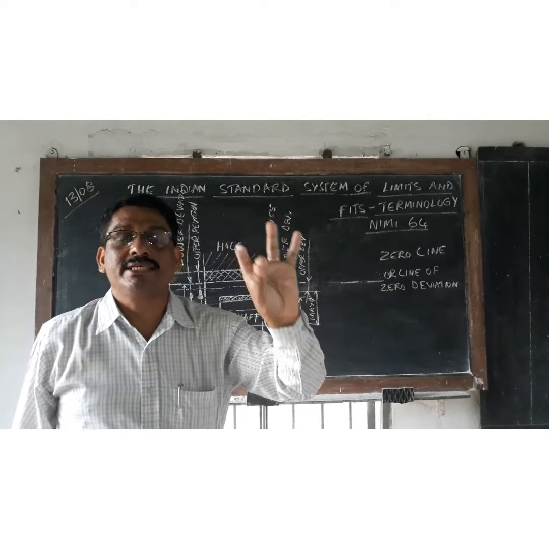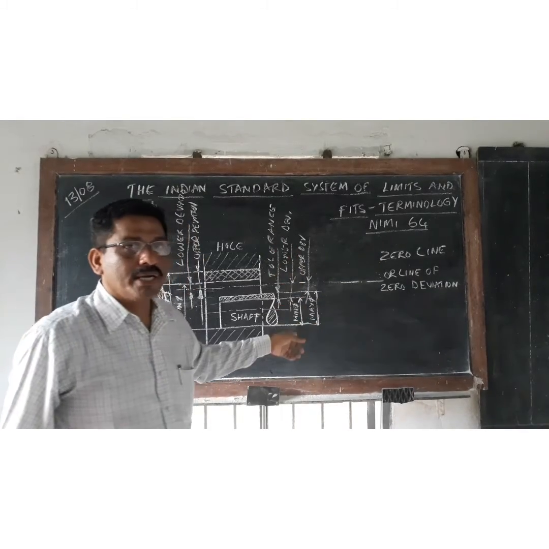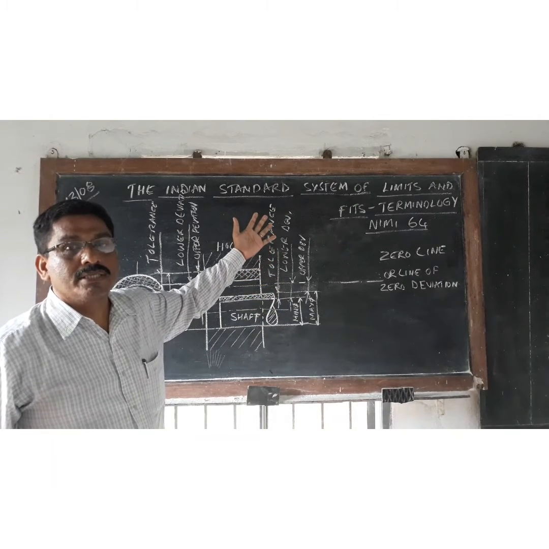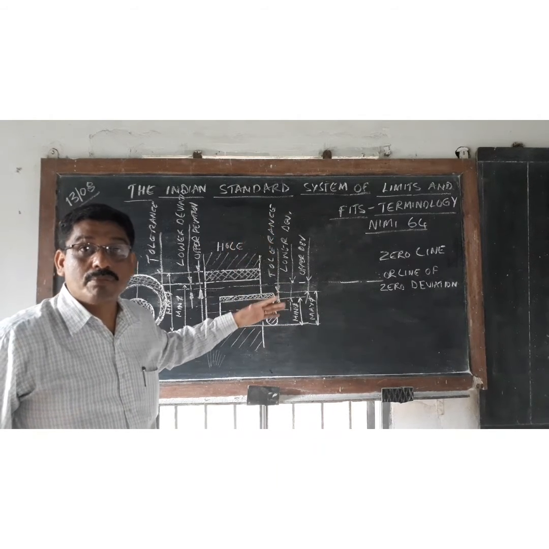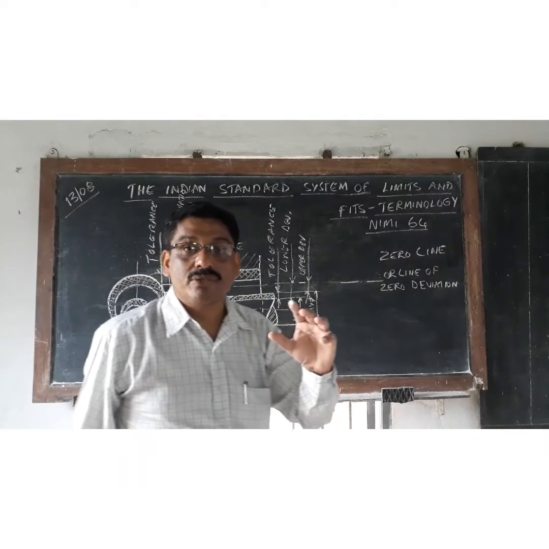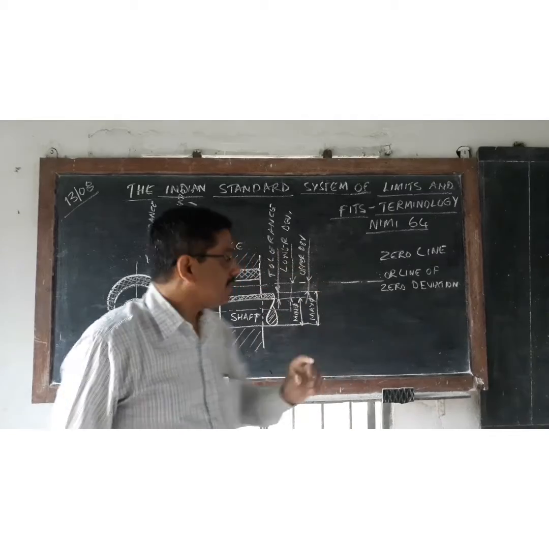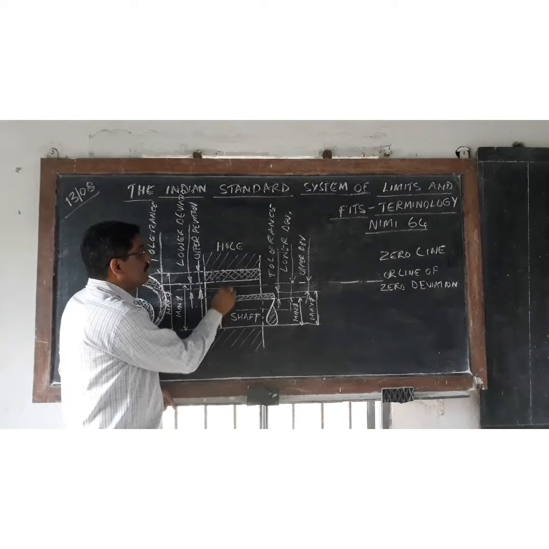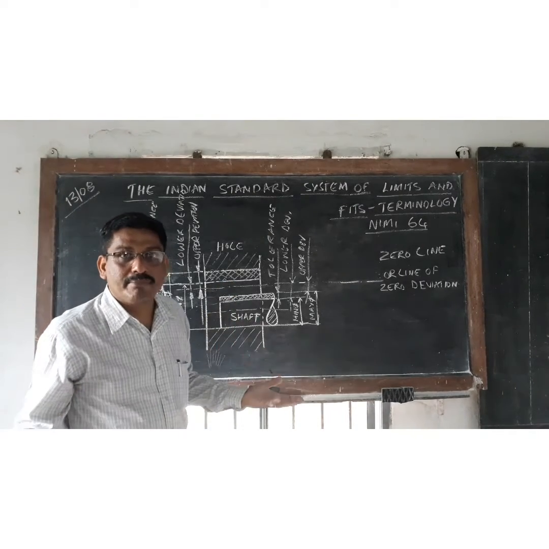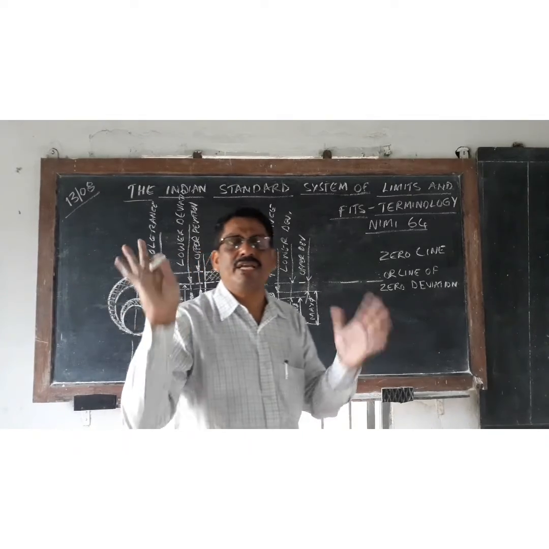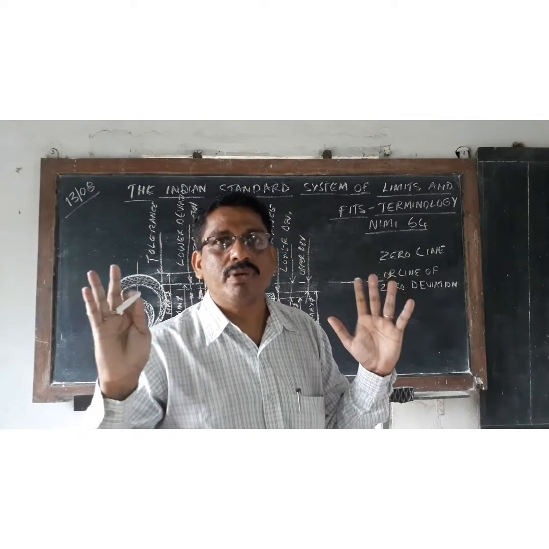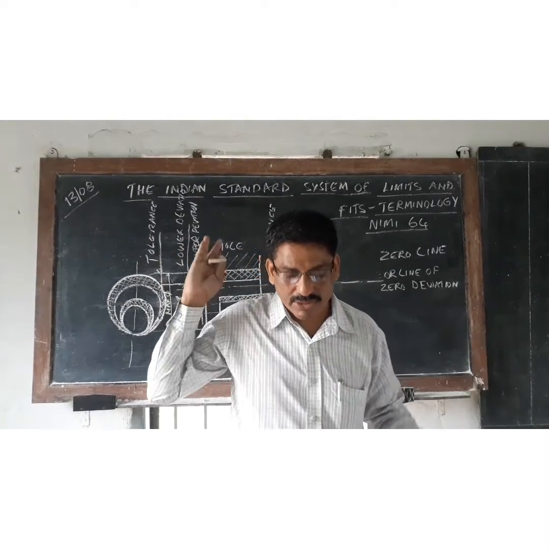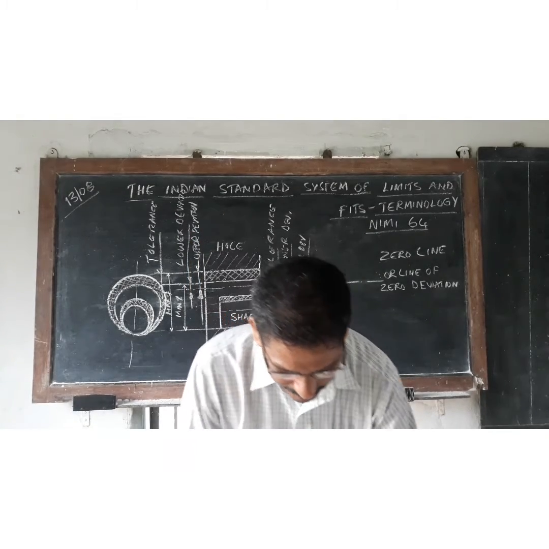You can find the maximum limit of size, the minimum limit of size, the minimum clearance, and the maximum clearance, all of which can be calculated. One example we will do, or else it is there in your book. So you can see it in the book, because on the board I cannot explain much and you cannot understand. So see this in your book.